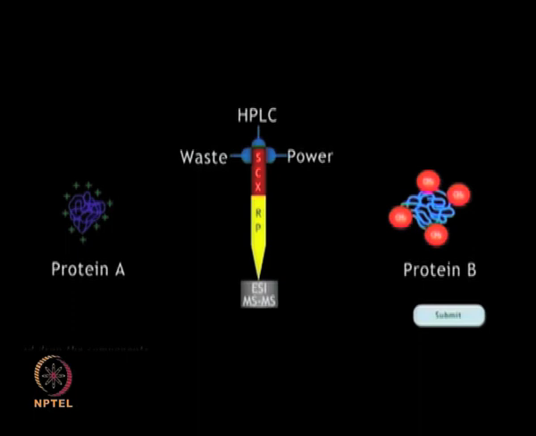Earlier we talked about how one can make use of different properties of strong cation exchange and reverse phase chromatography to separate out peptides. Now, use those basic concepts and drag and drop the proteins that will interact with the SCX and RP regions of the columns respectively.